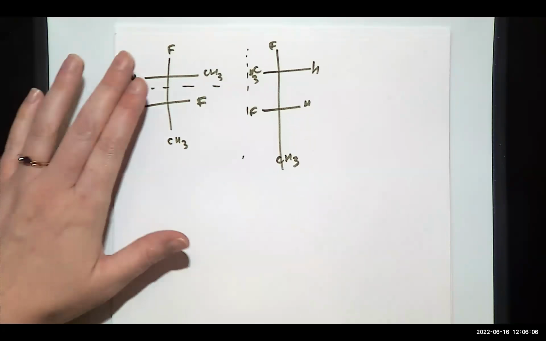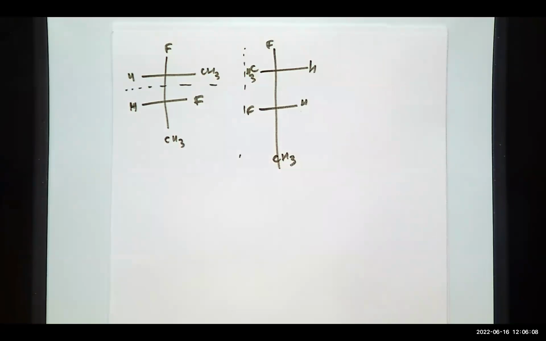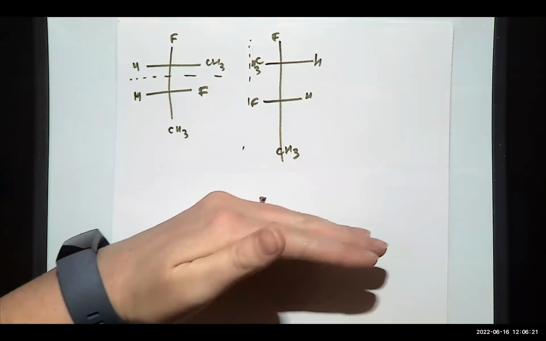I want you to tell me what these are, and I'll give you a hint because there's not a plane of symmetry. It cannot be RS or SR. One of them will be RR and one of them will be SS. So y'all do that on your own. Ignore what I draw up here. I'm doing something else now.